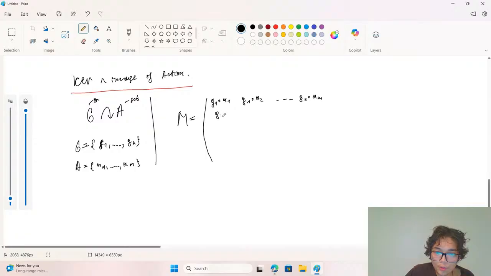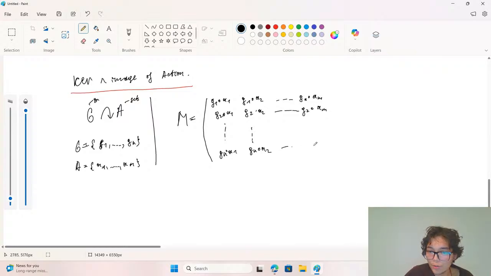Here G2 acting on A1, G2 acting on A2, and G2 acting on AM. And of course so on until Gn acting on A1, Gn acting on A2, and so on, Gn acting on AM.